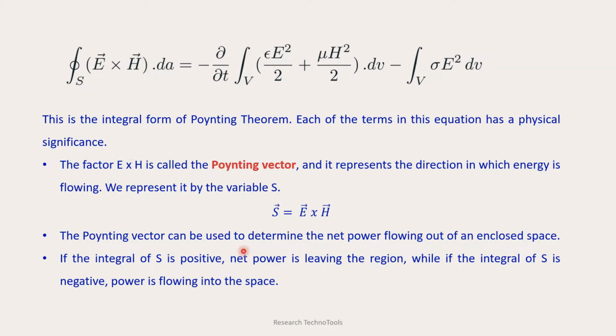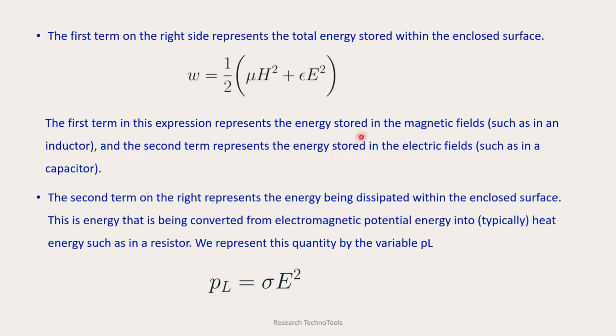Now we will discuss the second and third term. The first term on the right hand side represents the total energy stored within the enclosed surface. The term is 1 by 2 mu H square plus epsilon E square.